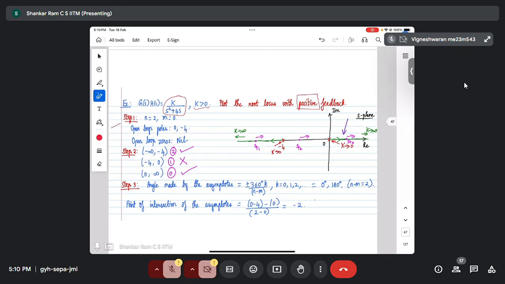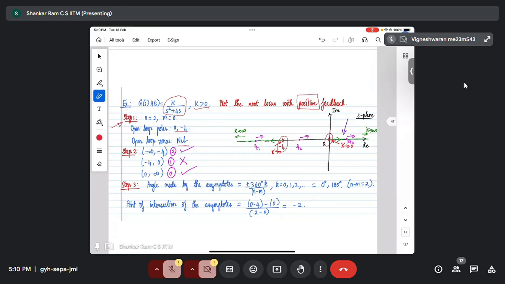So if we consider first step, the open loop poles are at 0 and -4. Open loop zeros are nil. So once again, we have the two open loop poles at -4 and 0, and that's where we have two branches starting off, when k increases from 0.